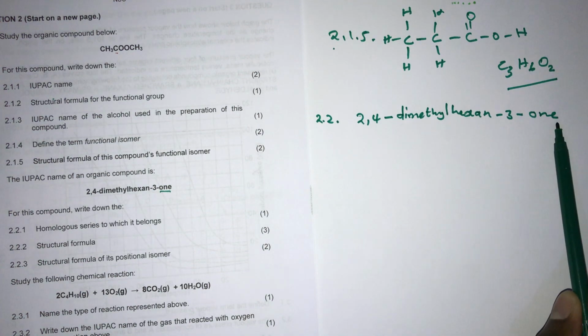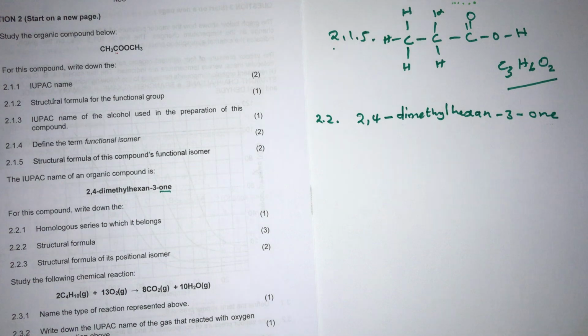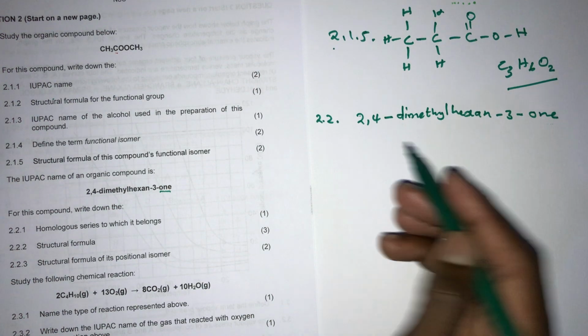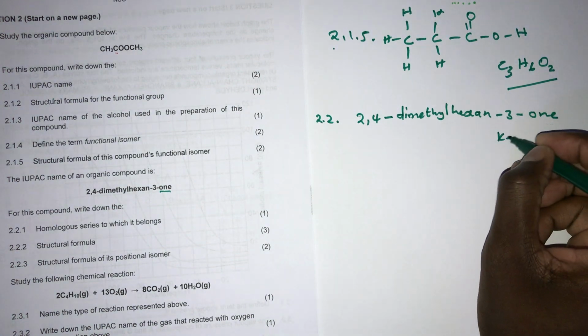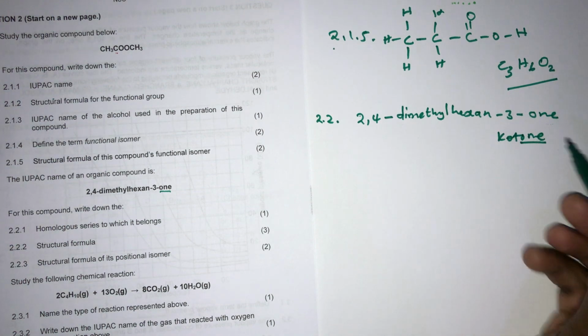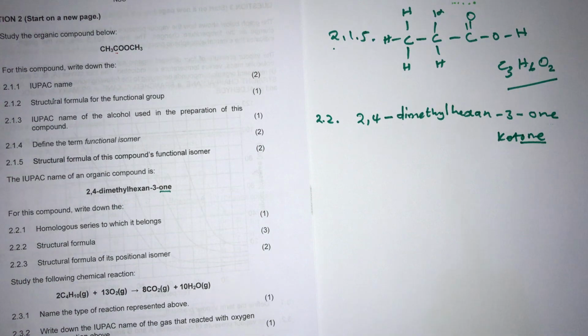You check the ending of the name. The ending must tell you the homologous series. So according to this ending, the homologous series of this one is a ketone. You check the ending, ONE. So the homologous series is a ketone.